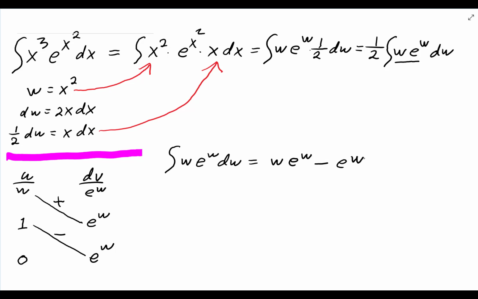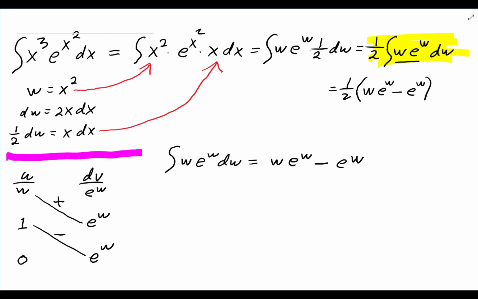So that's what this integral is going to become. It's going to be 1/2 times w e to the w minus e to the w.